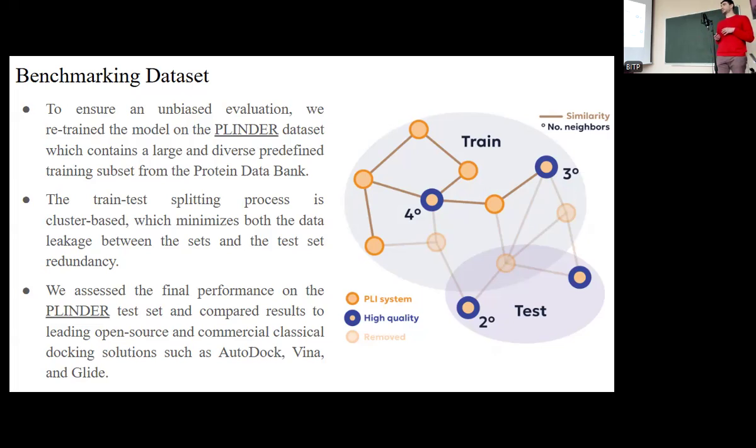And that way we can make sure that testing data contains representative, non-duplicated entries and avoid over-representation of some popular drug targets or drug-like molecules in the test data. So in the end, we assessed our tool on the Blinder test set and compared results to classical docking solutions such as AutoDock, Vina, and Glide.